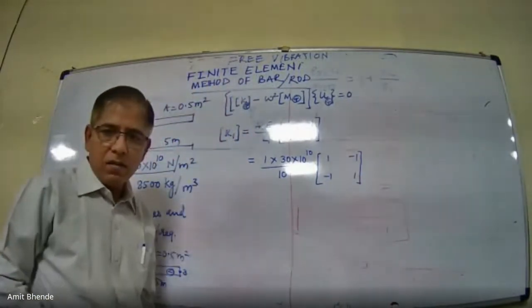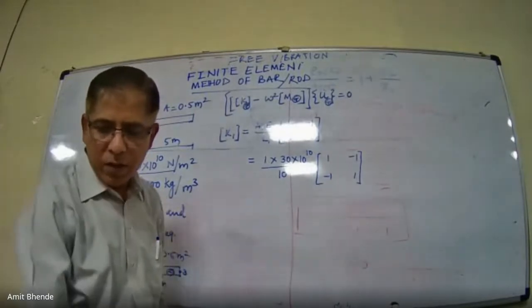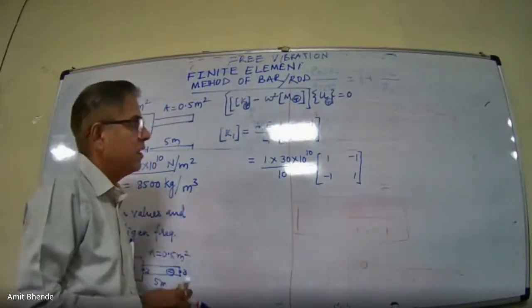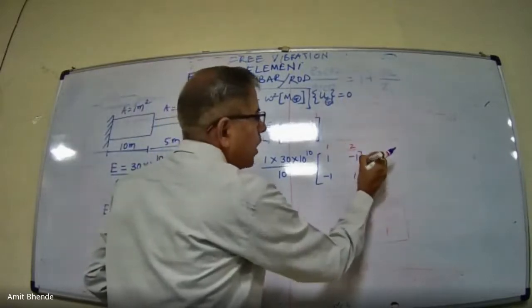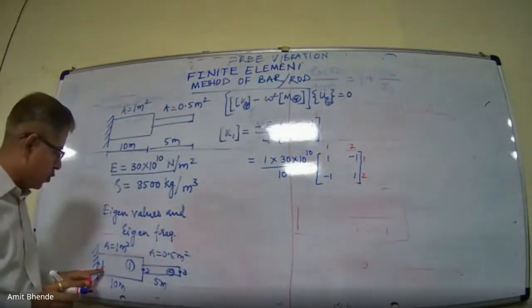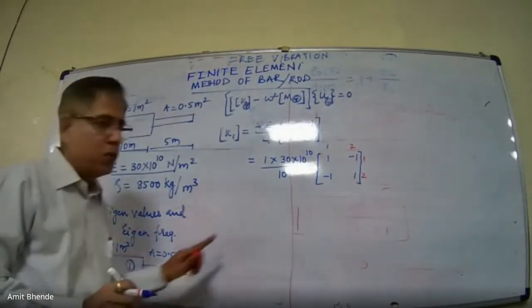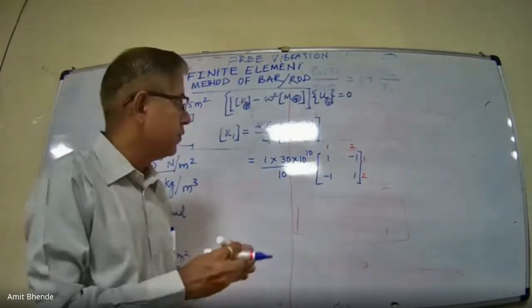Now what will be the row numbers, column numbers to this matrix? It will be 1, 2, 1, 2. Because element number 1 is made up of two nodes, node number 1 and 2. So give the row number, column number as 1, 2, 1, 2.